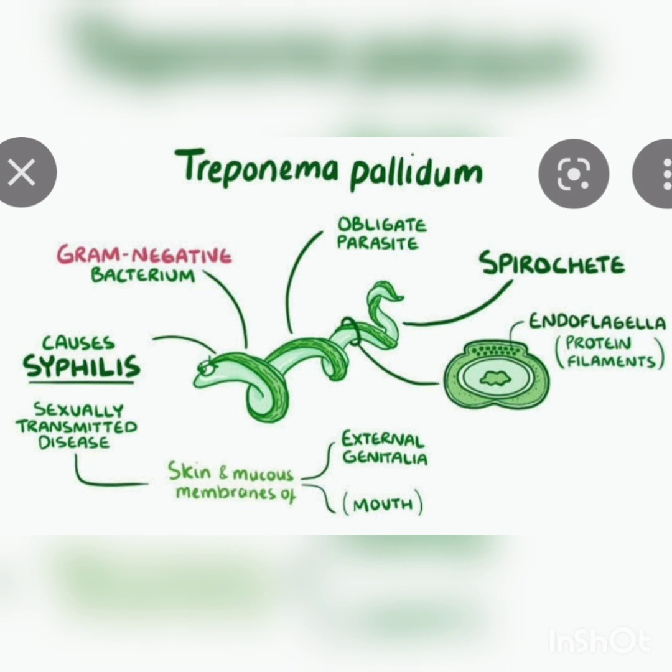Once the primary lesion heals in 10 to 40 days, after 2 to 6 months the secondary lesion starts appearing. It appears as papular skin rashes and mucous patches in the oropharynx, at the junction of mouth and pharynx.